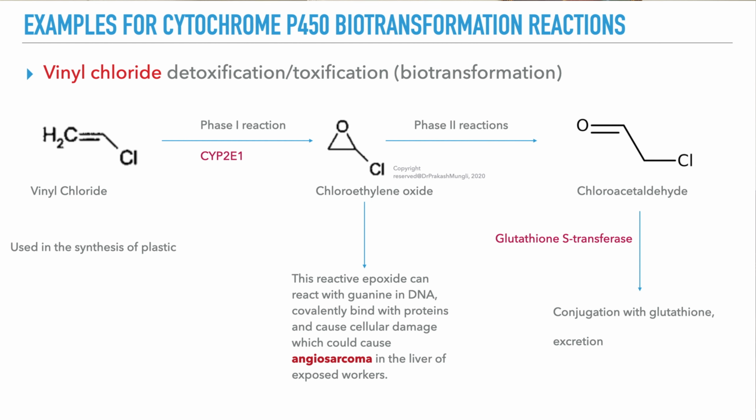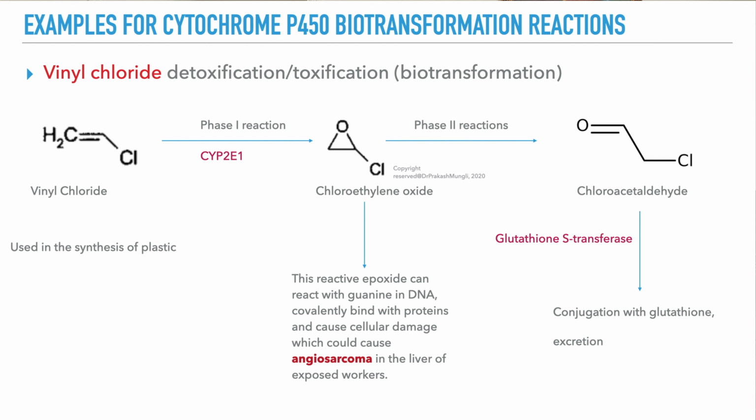This chloroethylene oxide further undergoes phase 2 reaction into chloroacetaldehyde, which is handled by glutathione S-transferase, where GSH is used and it is conjugated with glutathione and excreted out of our body.